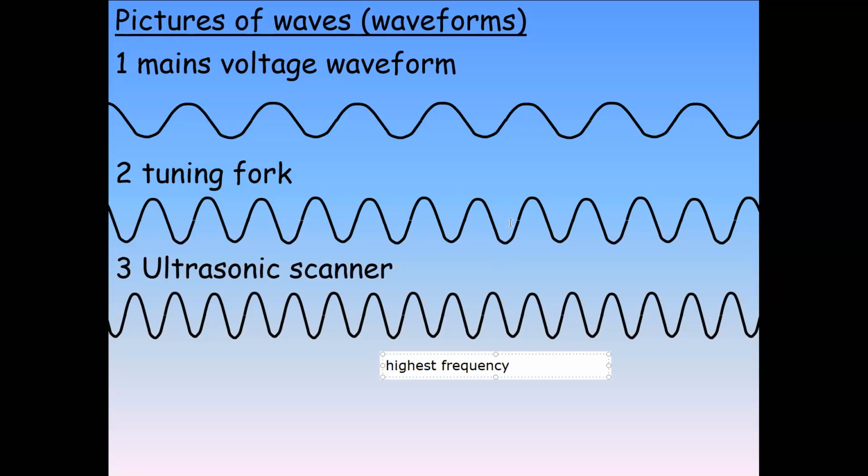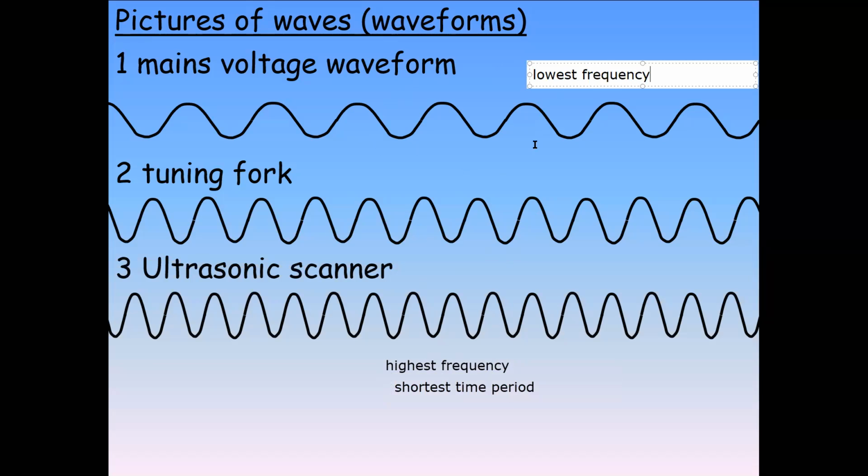Which one is having the shortest time period? Shortest time period means taking less time to complete a vibration. So the third one is having the shortest time period. Same thing, if you have a main voltage supply here, this is having the lowest frequency in this example, and having the highest or longest time period.